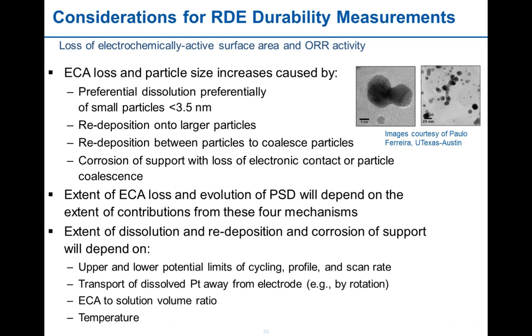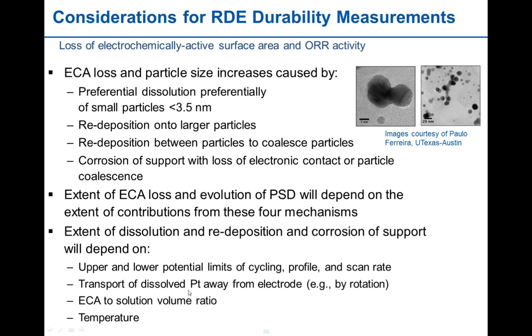So the extent of the ECA loss that you see both in MEAs and RDE and also evolution of the particle size distribution depends on the extent of contributions from these various loss mechanisms. And that extent depends on several factors, the most important factor being the upper and lower potential limits of the cycling, the type of profile you use, whether it's a triangle or square wave, and the scan rate of that profile.